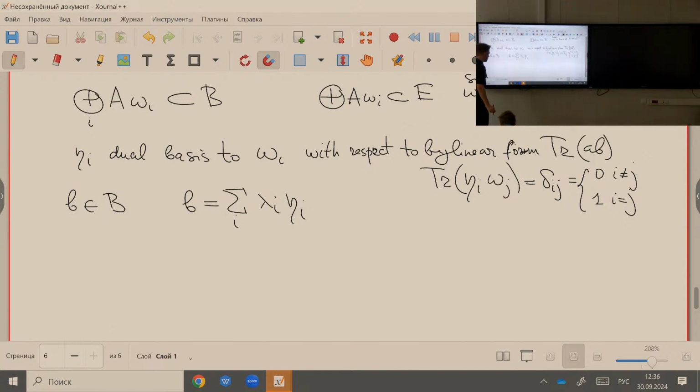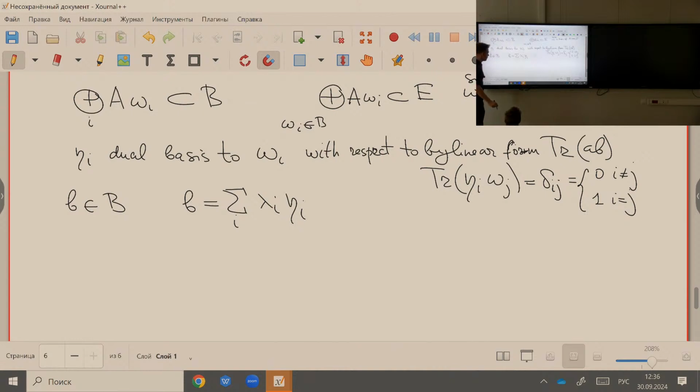So let us recall that omega_i's are elements of B, so I wrote that correctly, by the way. Yeah? So let us recall this one.